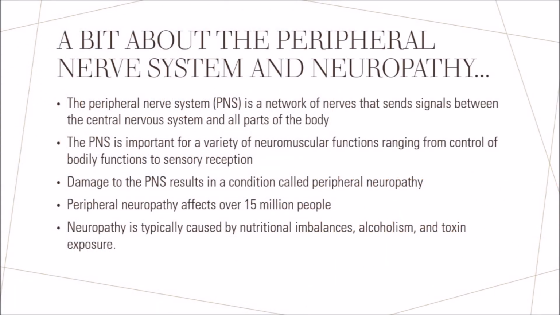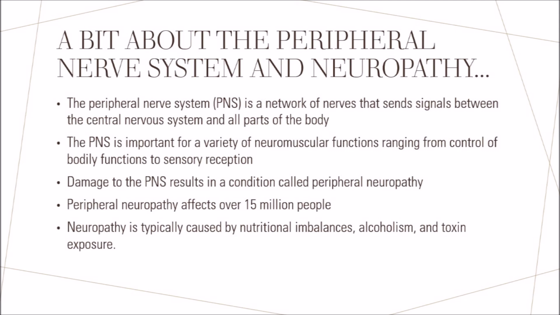So first off, here's a little bit about the peripheral nerve system and nerve damage, which is otherwise termed neuropathy. The peripheral nerve system, otherwise known as the PNS, includes a network of nerves that transmits signals from the central nervous system to the rest of the body.